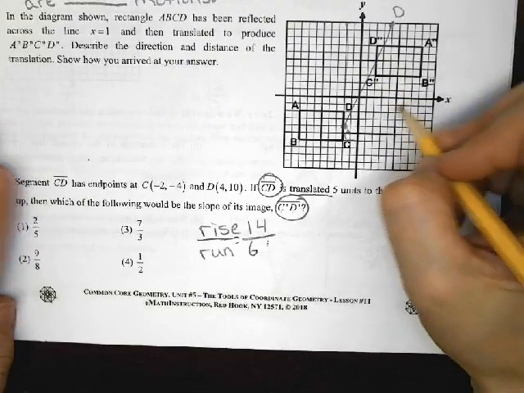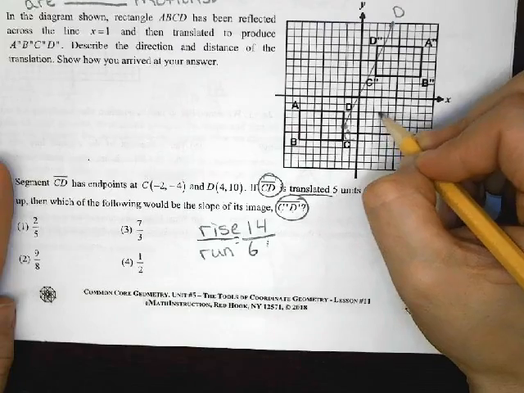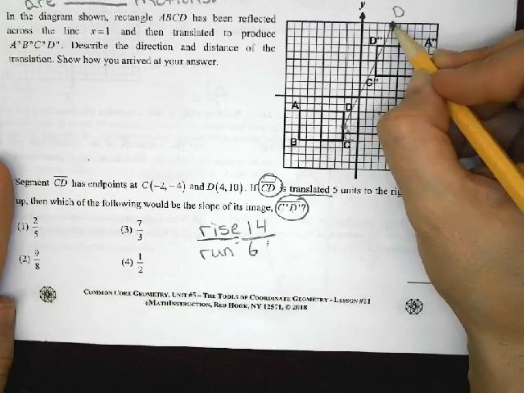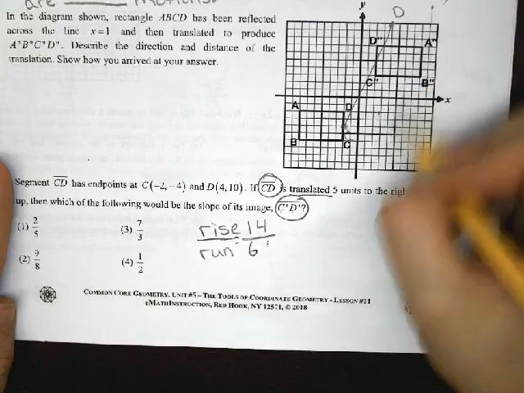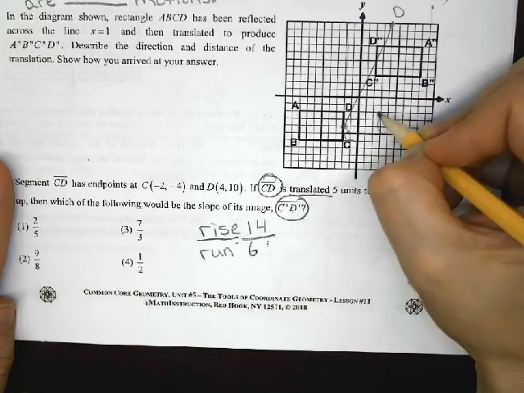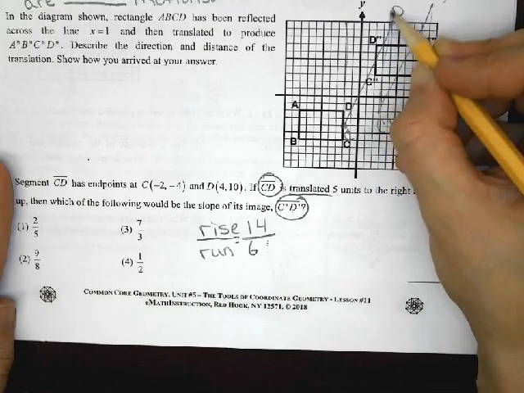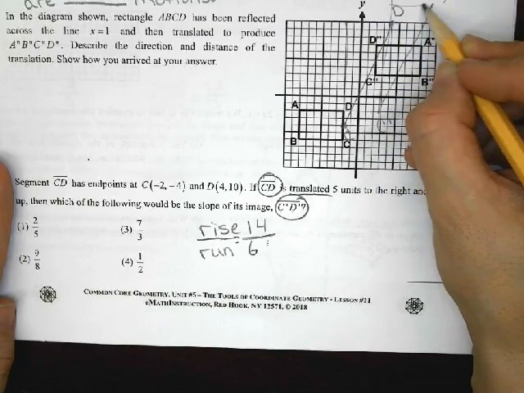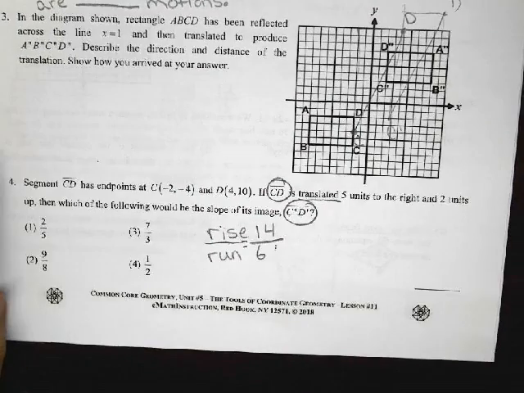Even if I move these 5 units to the right and 2 units up for both of them and connected them, I would still get the same thing. 14 units up and 6 units to the right. Now you should be able to find the answer. If you can't, seek help in class.